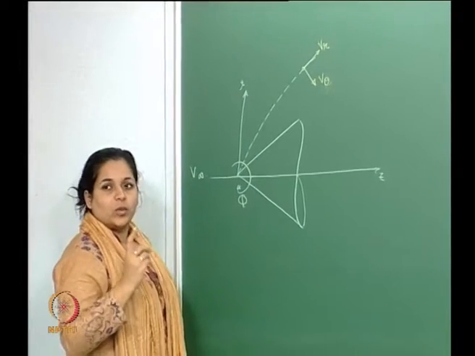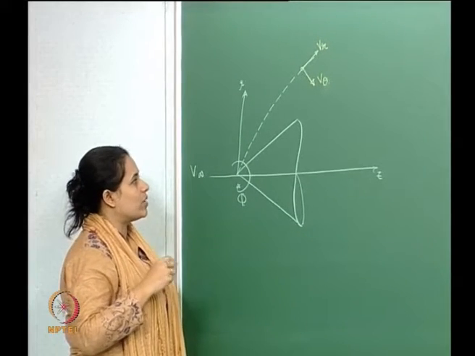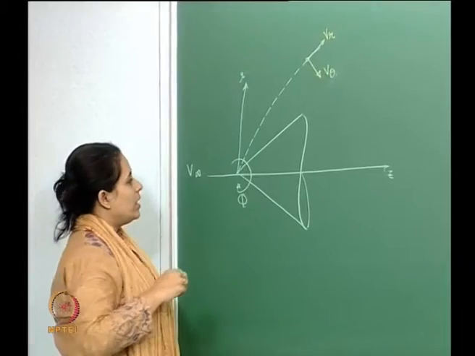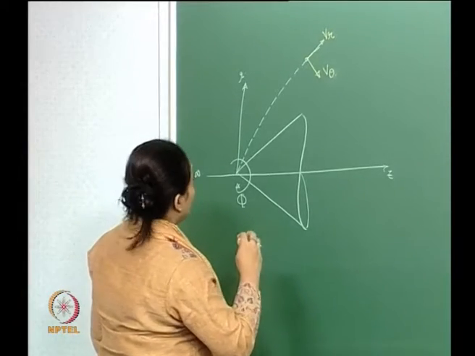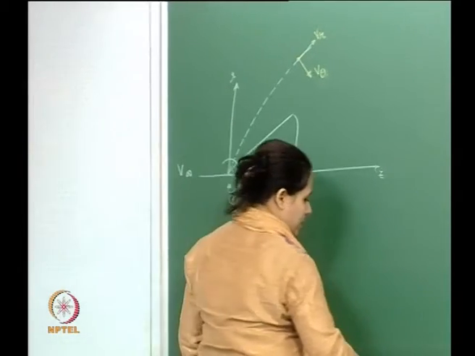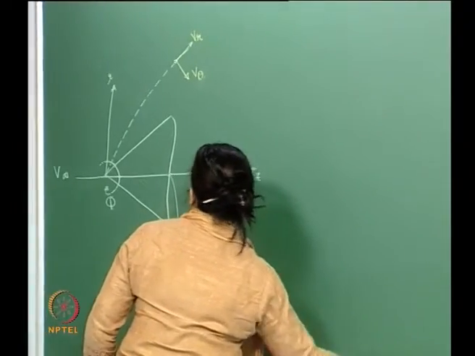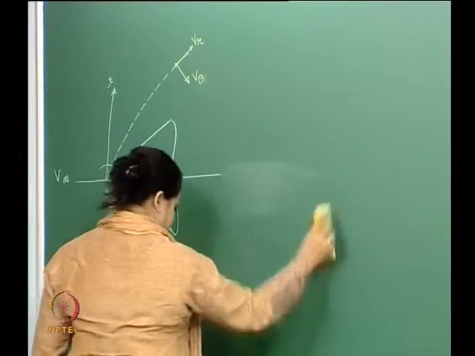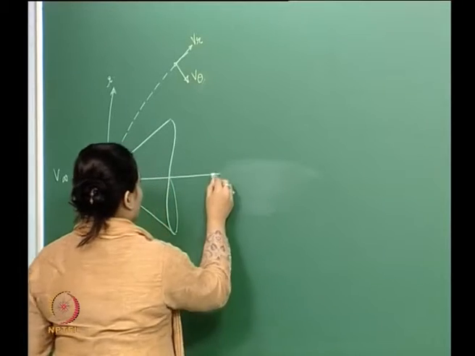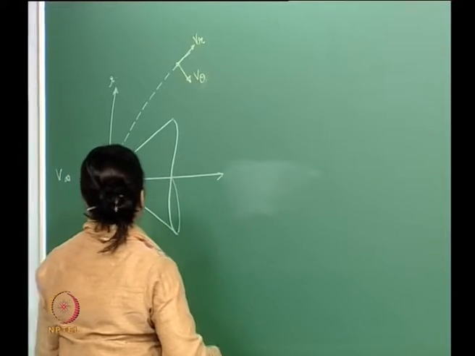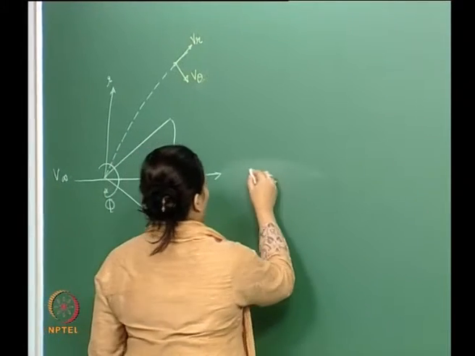We have only one dependent variable, which is our theta. Now let us look at the same picture. Let me look here. Let me make this a little short. Let me look at the same picture.